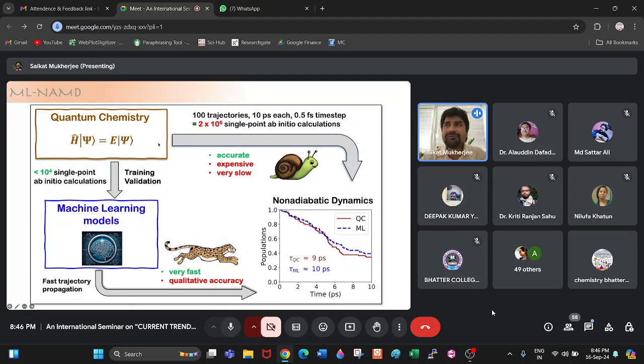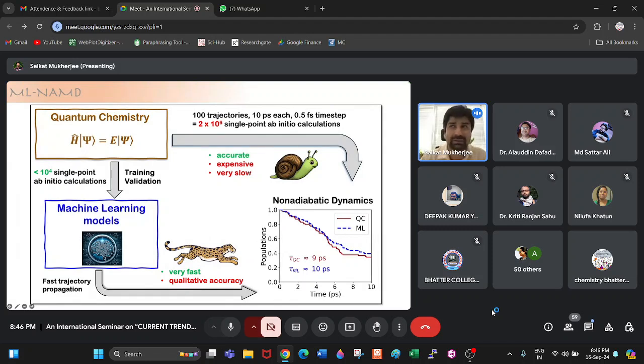So if we only rely on quantum chemistry, then for 100 trajectories with 10 picosecond simulation, we need 2 times 10 to the power 6 single point ab initio calculations. Huge. Of course, it is accurate, no doubt about it, but expensive and slow.